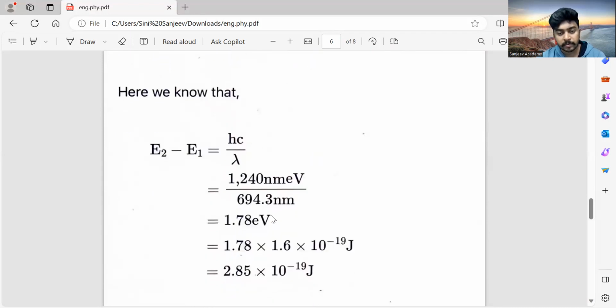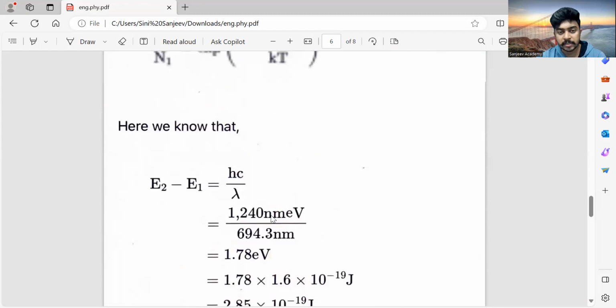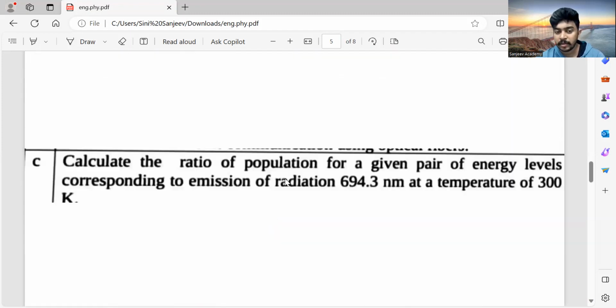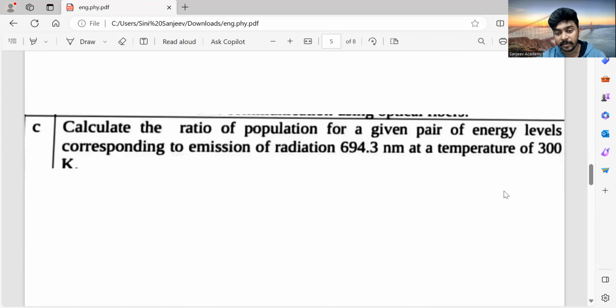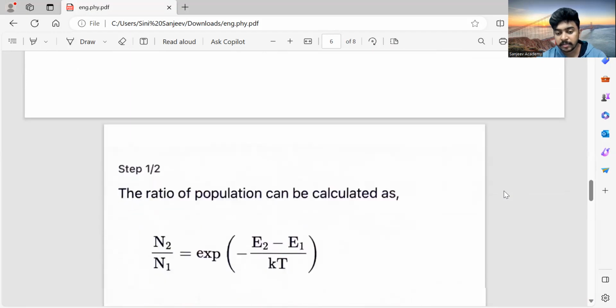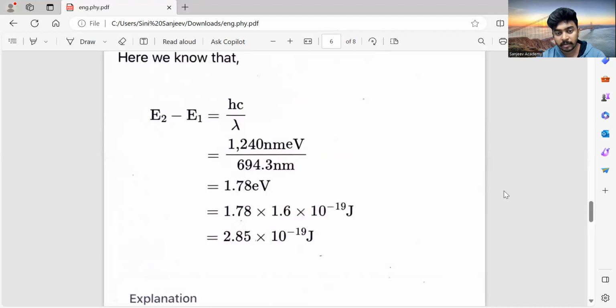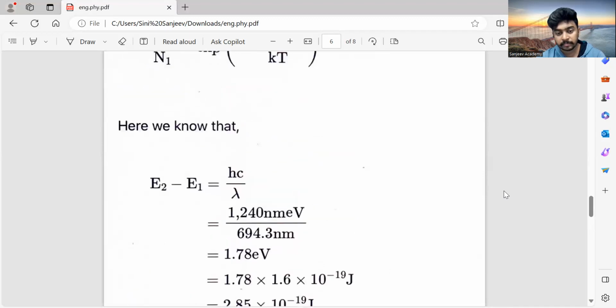Now, how we are going to get these values: I'll take the question again. The given pair of energy levels corresponds to emission of 694.3 nanometer at a temperature of 300 Kelvin. So I get the lambda value.